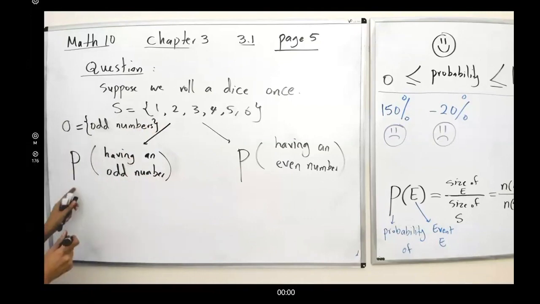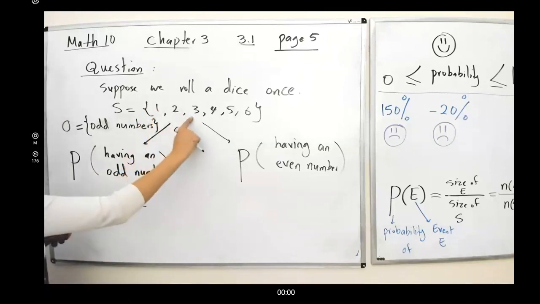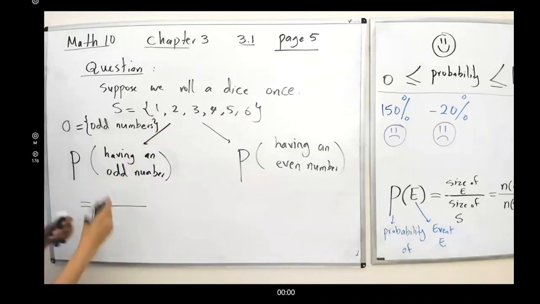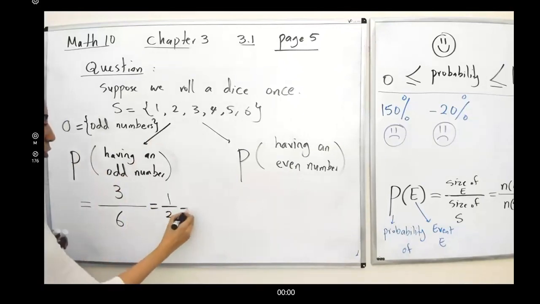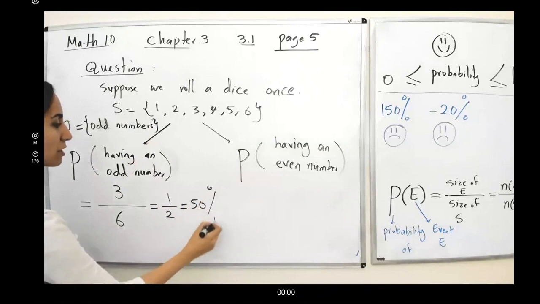So the probability of event O is how many odd numbers? 1, 3, and 5, which is 3. 3 divided by 6, which is a half, or 50%.